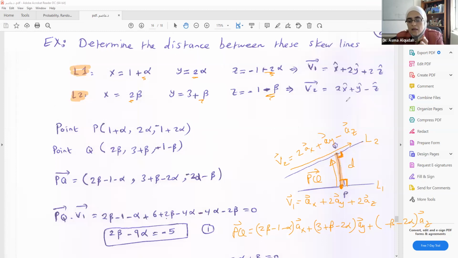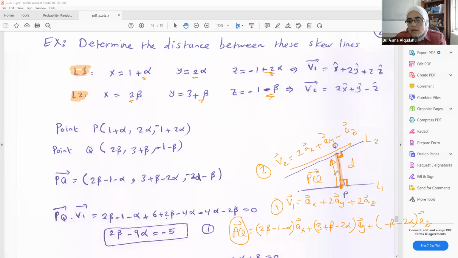Now the last thing we want to do is perform the dot product between the vector PQ and V1, and then we perform the dot product between PQ and vector V2. Both of the dot products should be equal to 0. Why?